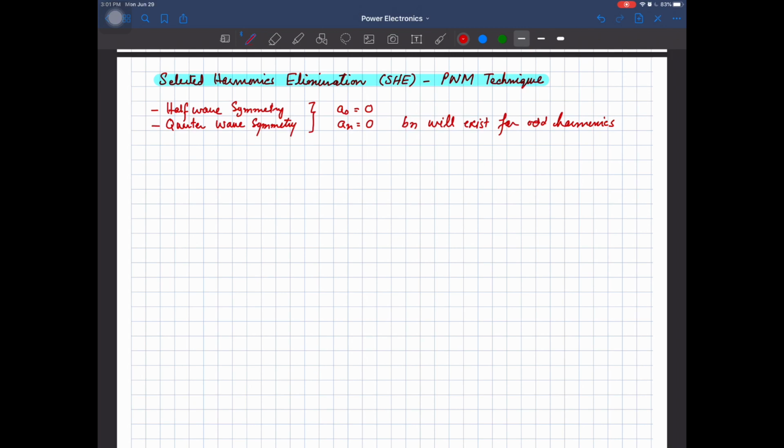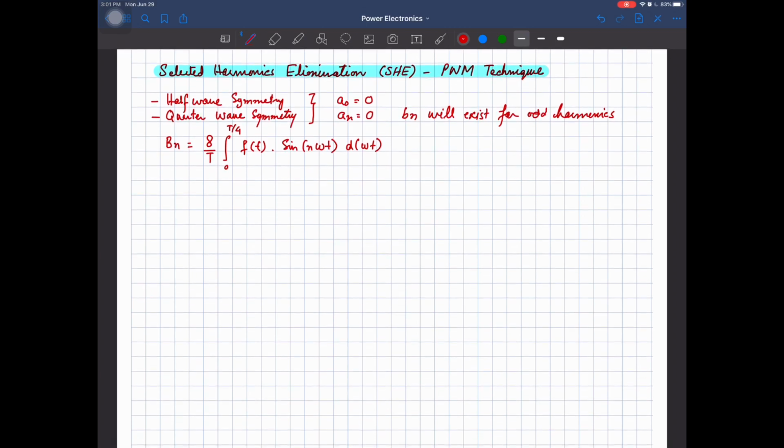For quarter wave symmetry, we can evaluate the Fourier series coefficient Bn with the help of this expression: 8 by time period, integration from 0 to T by 4, that is the quarter cycle, of the signal multiplied by sine of n omega t with respect to d omega t, when our limits are in the form of angle. Now let's draw the inverter output voltage waveform which has the quarter wave as well as the half wave symmetry.